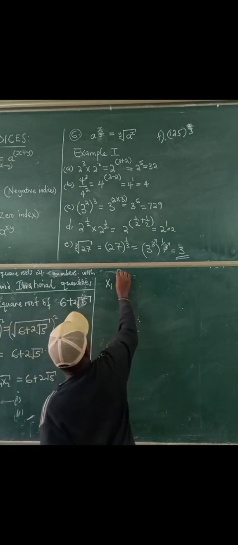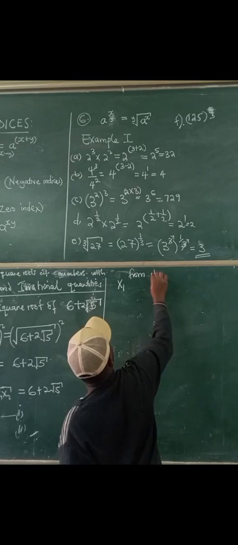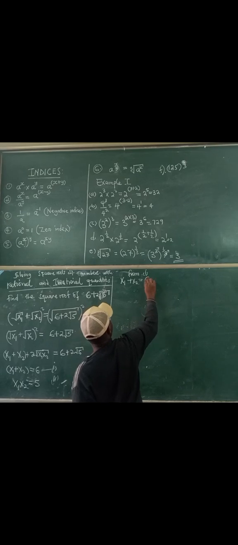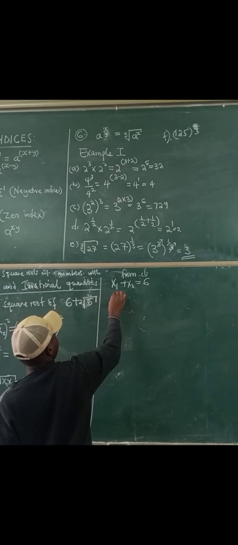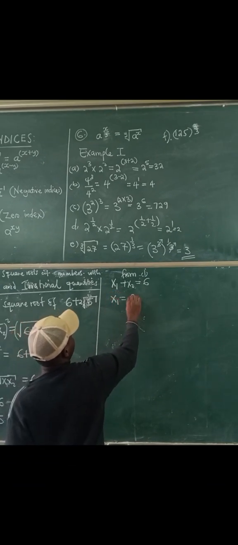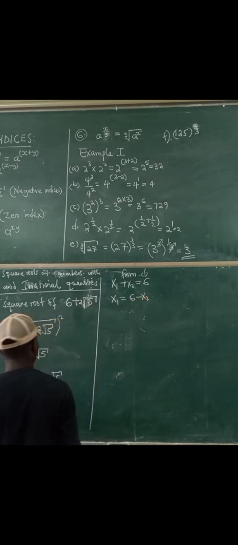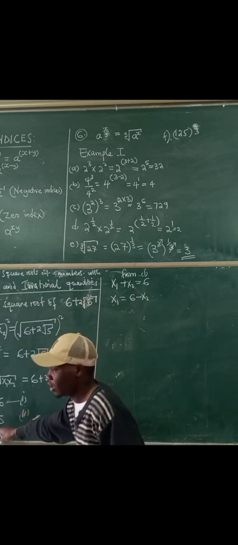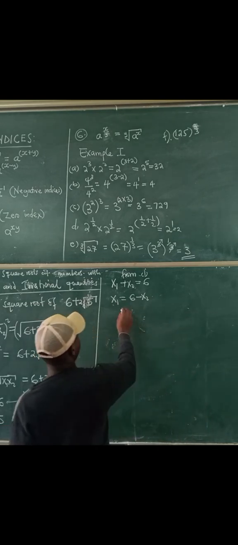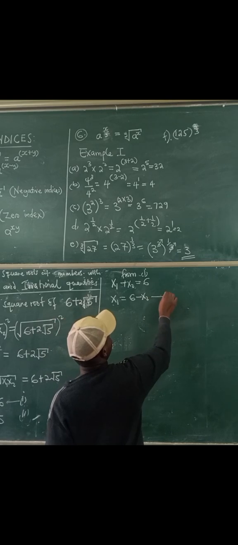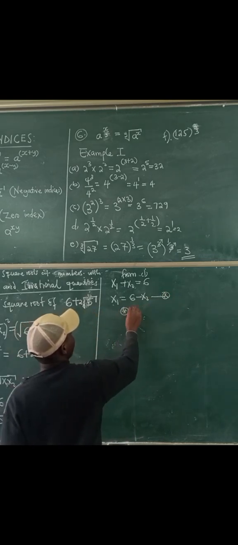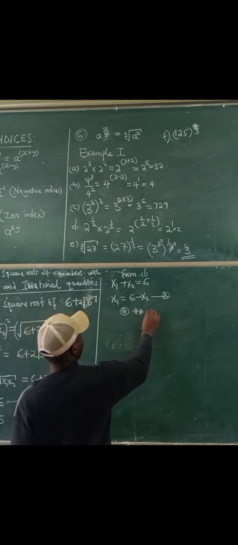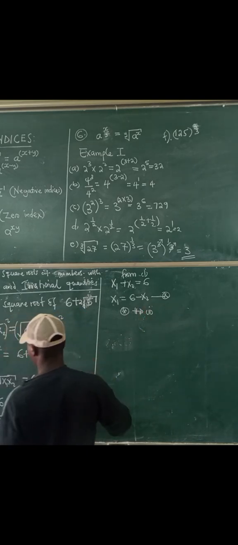Then from equation 1, x1 is equal to 6 minus x2. So substituting this x1 into the second equation, equation 2.